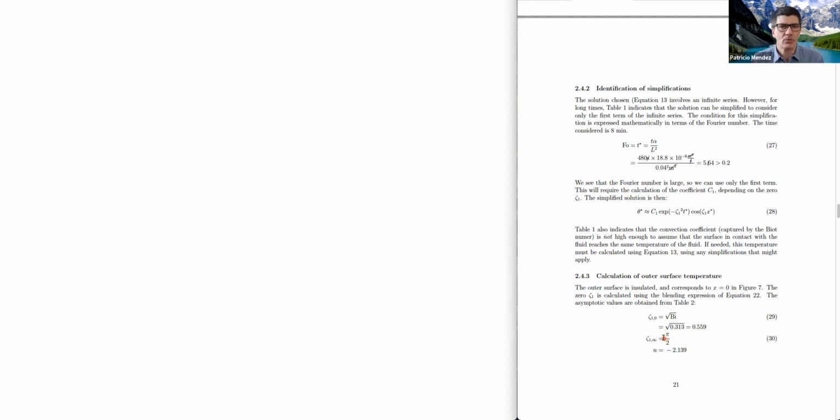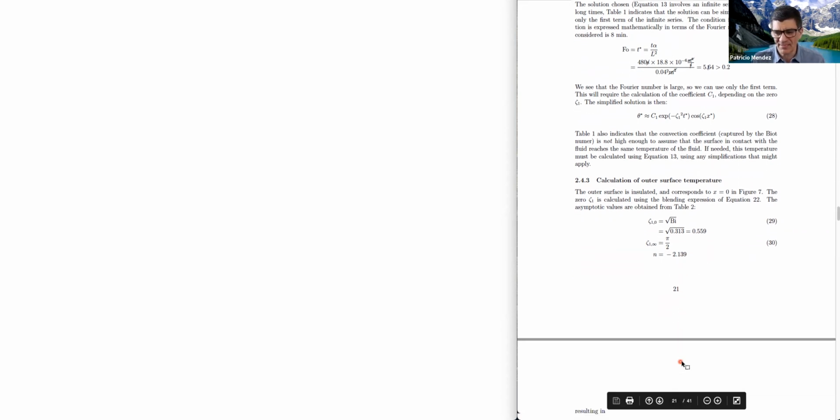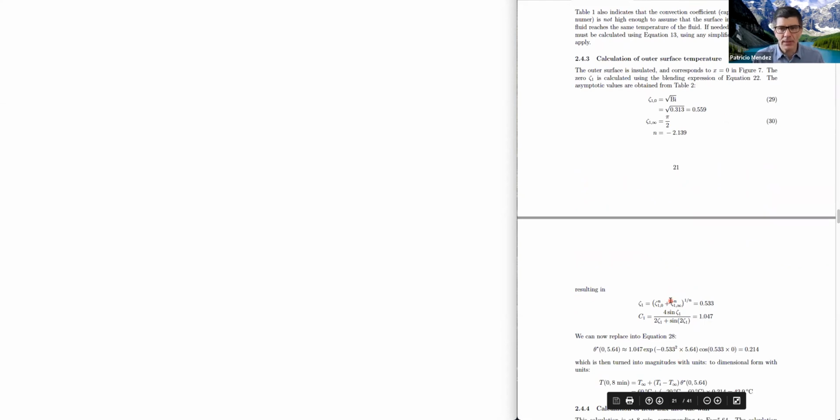That is pi over 2, again from the same table. And when we do this blending, we end up with the conclusion that zeta 1, for this intermediate case that is the worst that could happen, is 0.533. Whatever it is, 0.533, but now I put it inside the formula for C1, and we get 1.047.